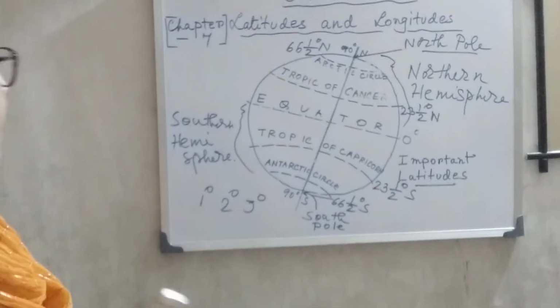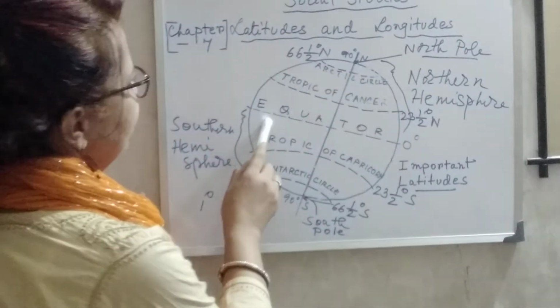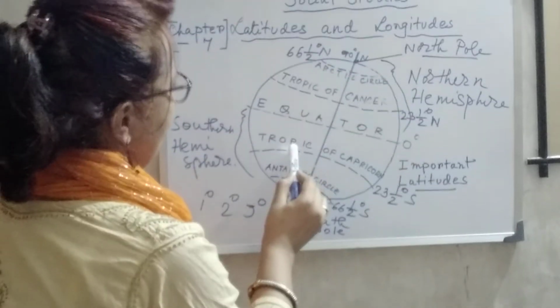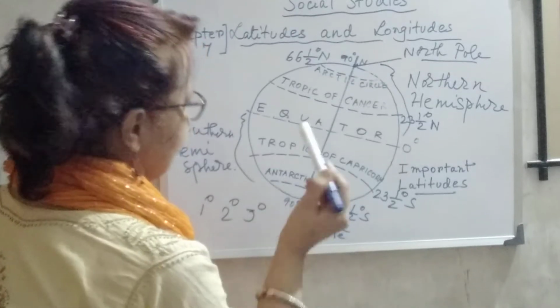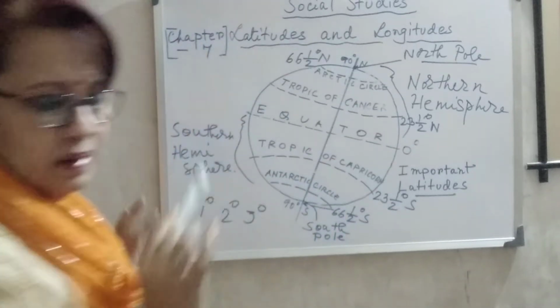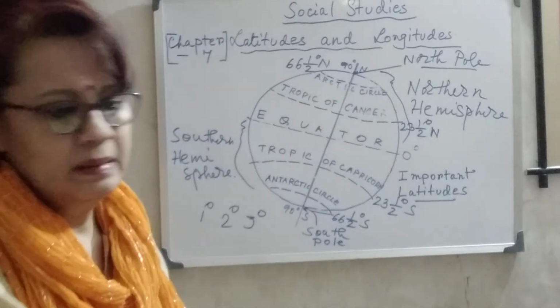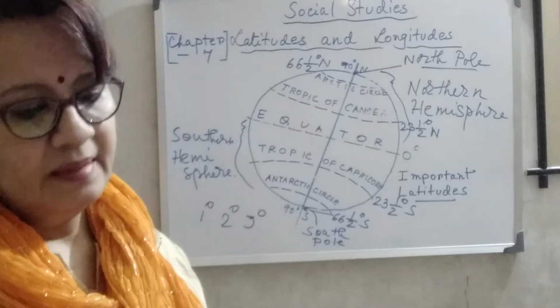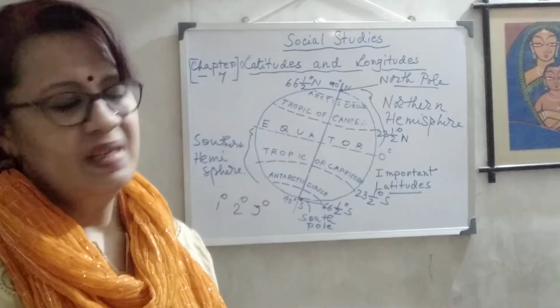Okay. So these are the important latitudes: the equator, Tropic of Cancer, Arctic Circle, North Pole, and in the southern part, the Tropic of Capricorn, Antarctic Circle, and South Pole. Okay. Is this clear to you? Next, I'll go to the book and tell you the whole of what is written in our textbook. Okay, let us explain.